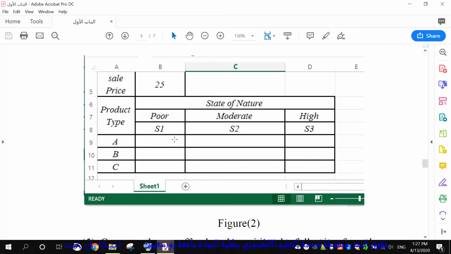So we have to compute the sales of units of product A minus its cost.